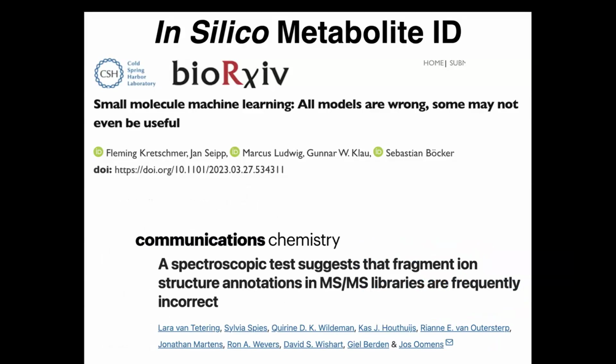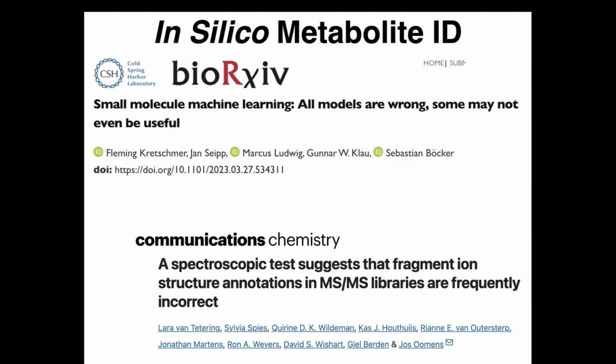This paper came out earlier this year. Basically, in a statement in the abstract, they say there was virtually no overlap between fragmentation ion structure annotations in the MSMS library.